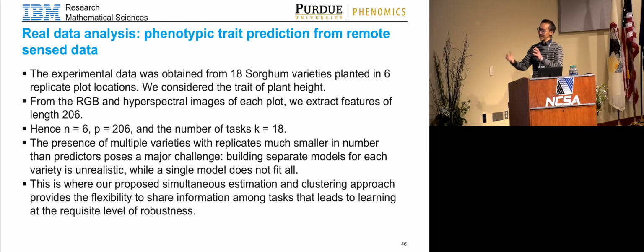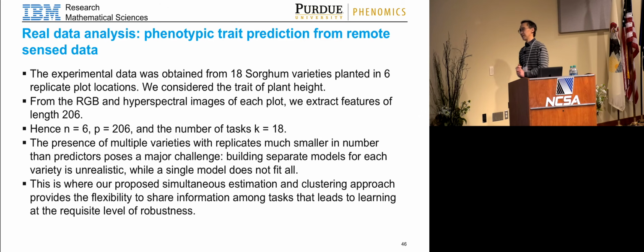And we applied it in a different manner where we actually cluster the tasks and the features, tasks corresponding here to the varieties. So instead of clustering the features and the traits, we are clustering the features and the varieties.